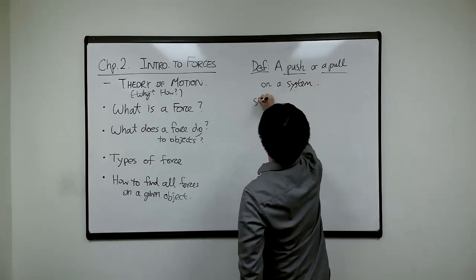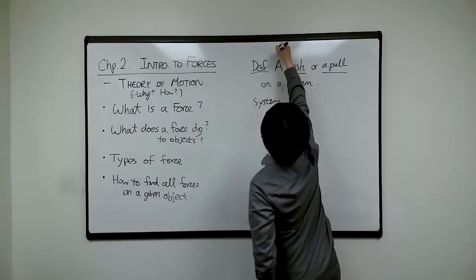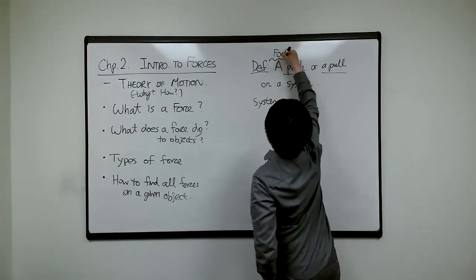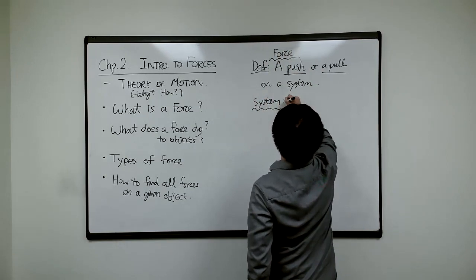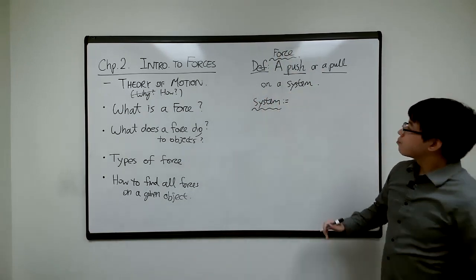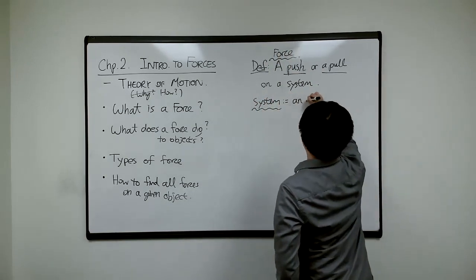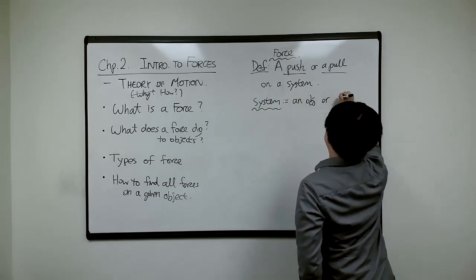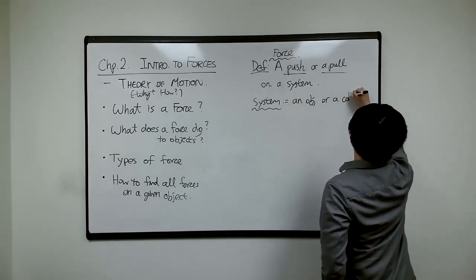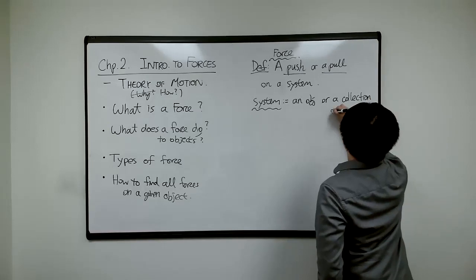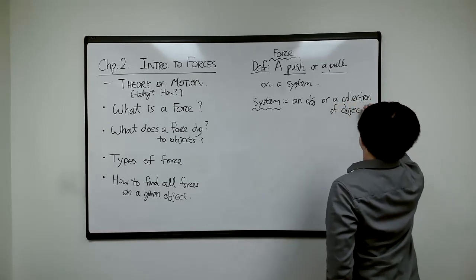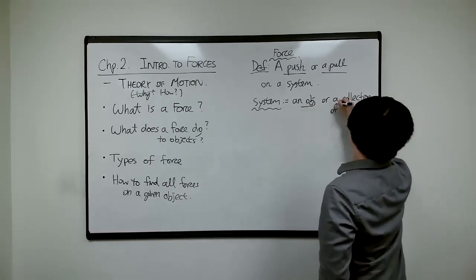Okay, so what is a system? This is the definition of a force, right? So what's a system? Okay, a system is, it can be an object or a collection of objects. Okay, so it's either an object or a collection of objects.